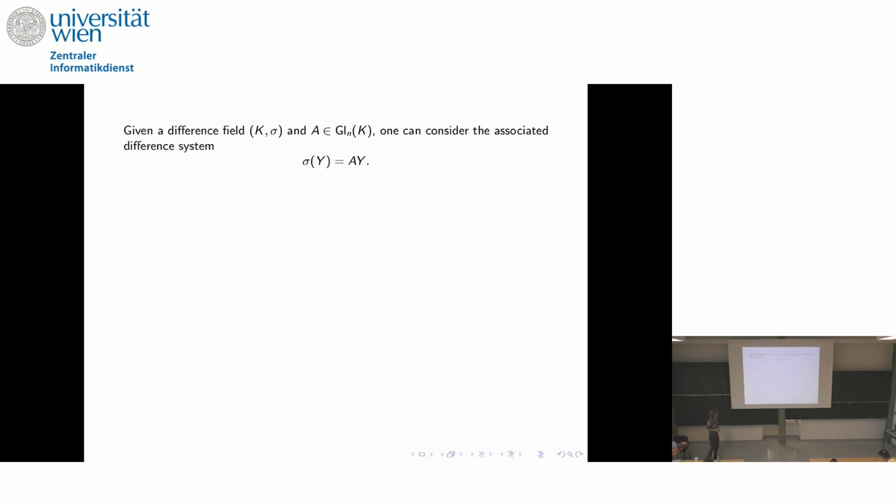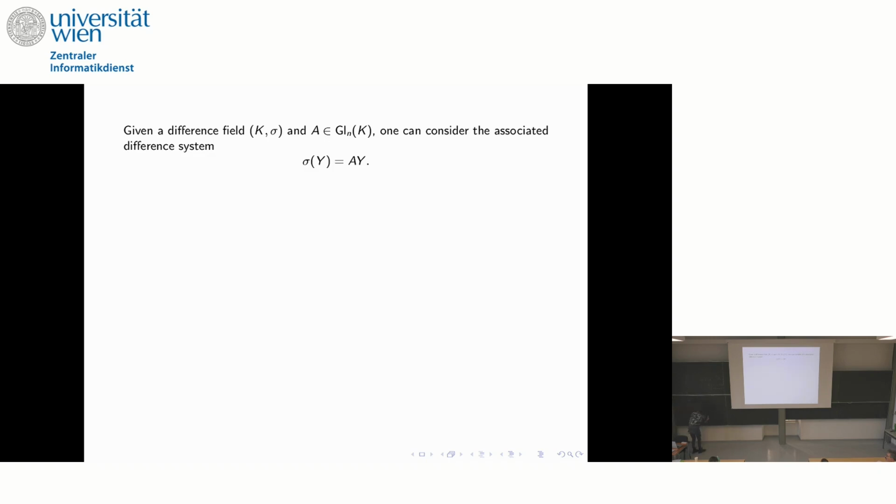Okay, so now what is a difference system? I fix a difference field and an invertible matrix A with coefficients in that field, and I can consider the following functional equation: sigma of Y is equal to A Y. And in analogy, if you start with a differential equation, then you find a differential system by looking at the companion matrix.